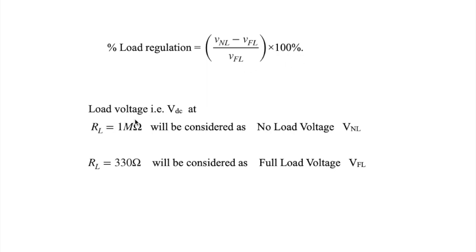Load voltage, that is DC voltage, measured at the output of the bridge rectifier with RL equal to 1 mega ohms will be considered as no load voltage, that is the load voltage with no load current. That measured with RL equal to 330 ohms will be considered as full load voltage, that is load voltage with maximum load current.